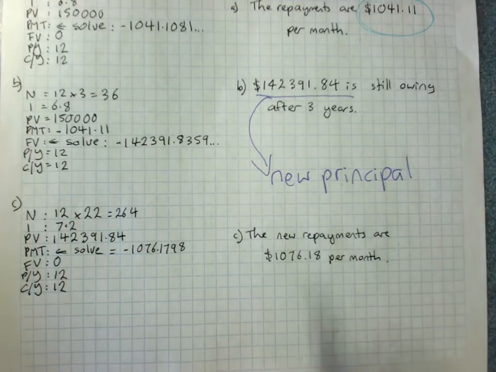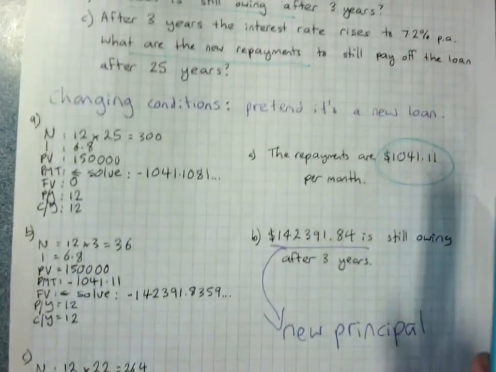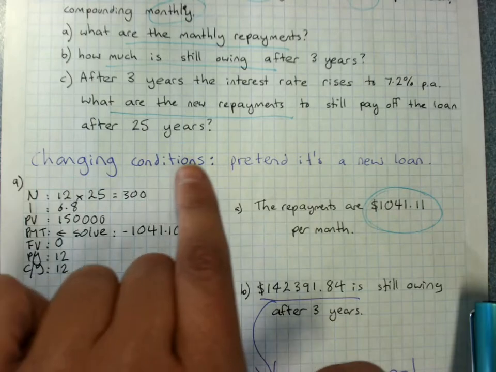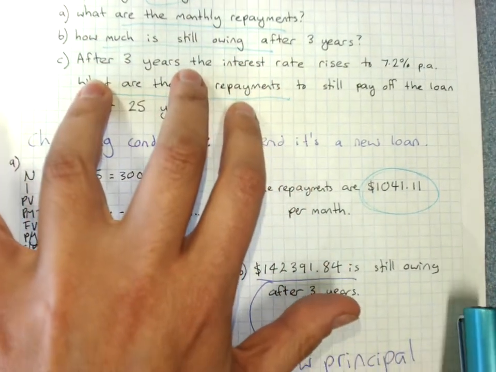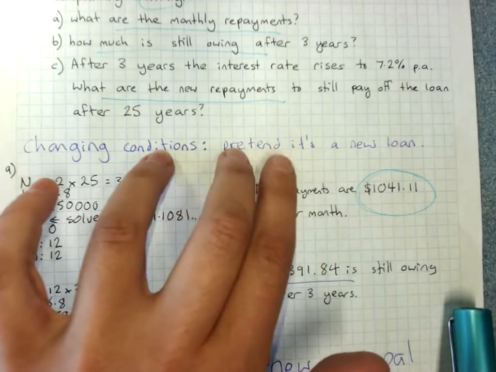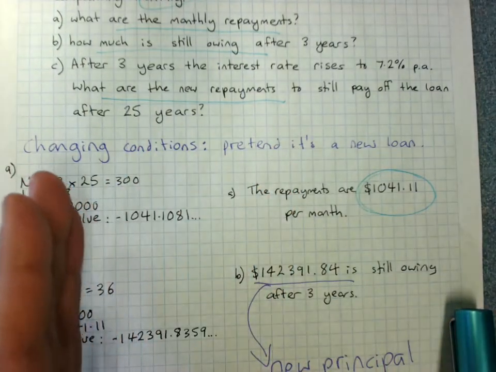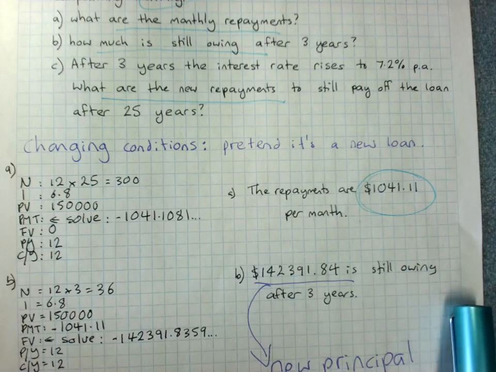Rounding to 2 decimal places. So I can't stress enough, think of any change after a certain amount of time in the loan as just what would be the conditions if we stopped now and got a new loan to deal with it.